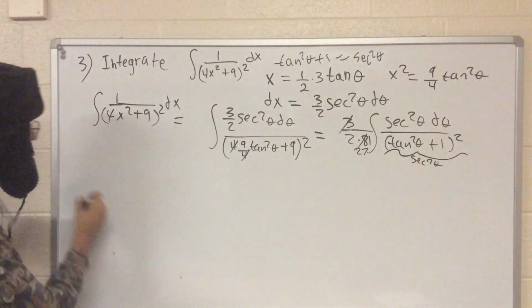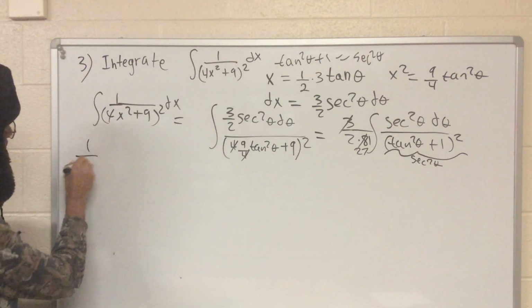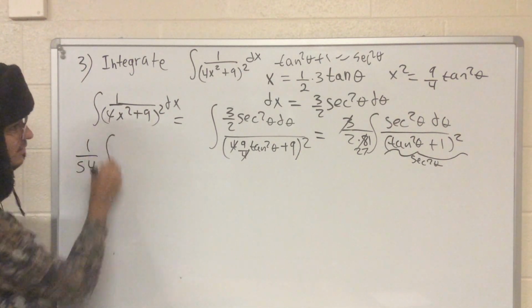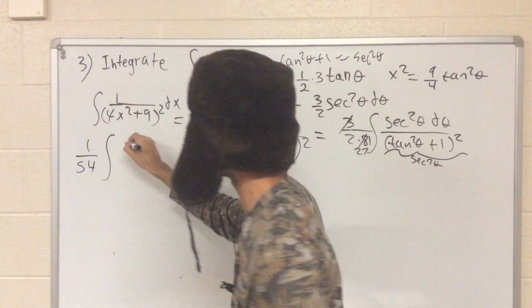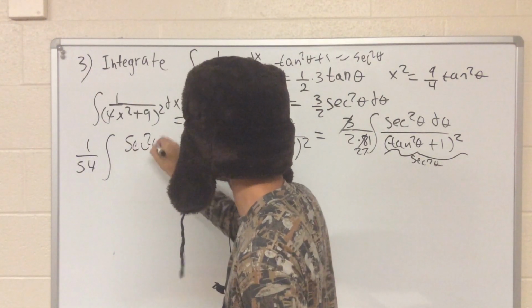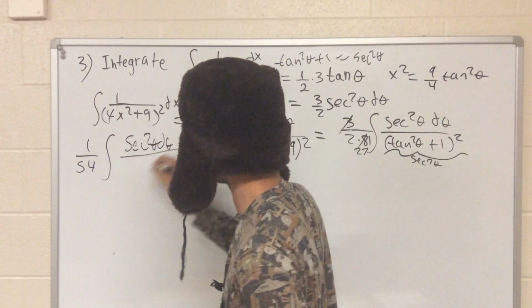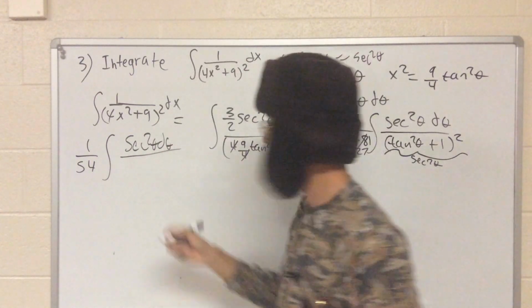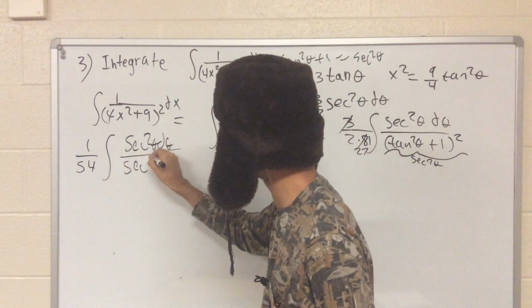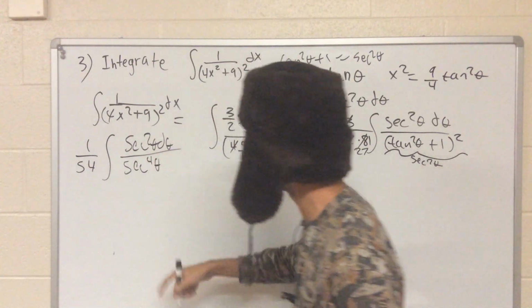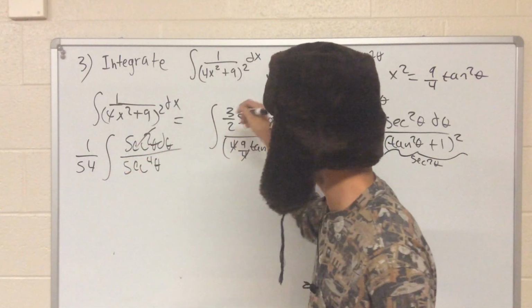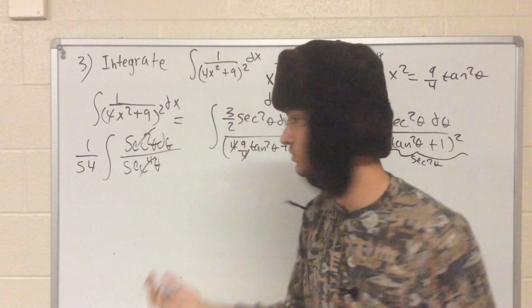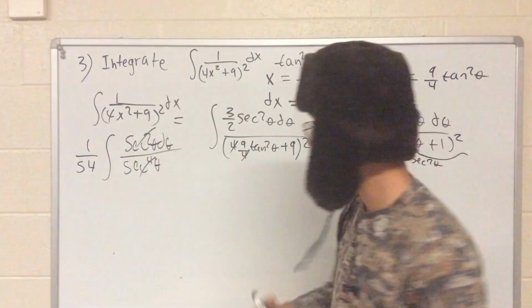And if we square that, we're going to have 1 over 54 integral of secant squared theta d theta divided by secant squared squared, so that's secant to the 4th power of theta. And look at that, we cancel out 2 powers and we're left with 1 over secant squared theta, which is just cosine of theta.